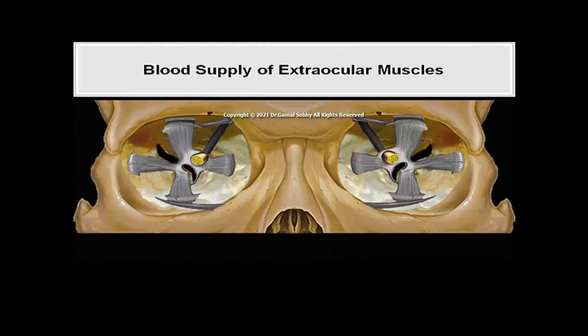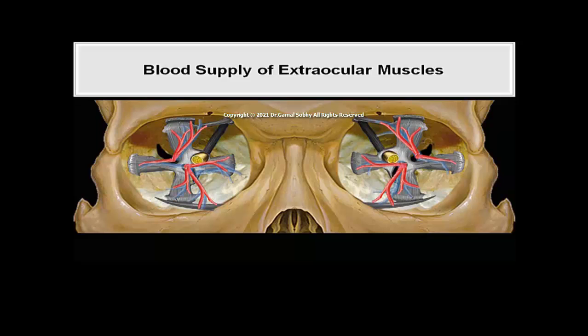All the extraocular muscles are supplied by the lateral and medial muscular branches of the ophthalmic artery. The arteries to the four rectus muscles give rise to the anterior ciliary arteries. Two ciliary arteries emerge from each tendon, except for the lateral rectus muscle, which has only one artery.